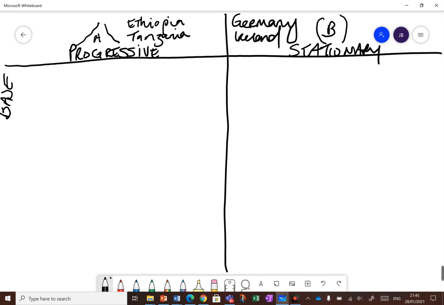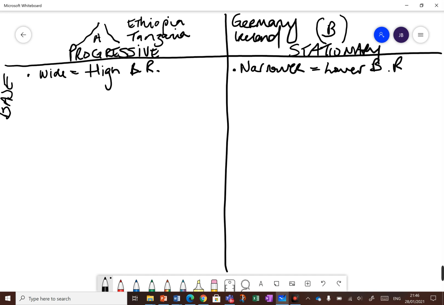Remember it's a contrast question. The developing country has a wide base compared to the stationary country, which has a narrower base. That wide base is indicative of high birth rates, and the narrower base is indicative of lower birth rates.